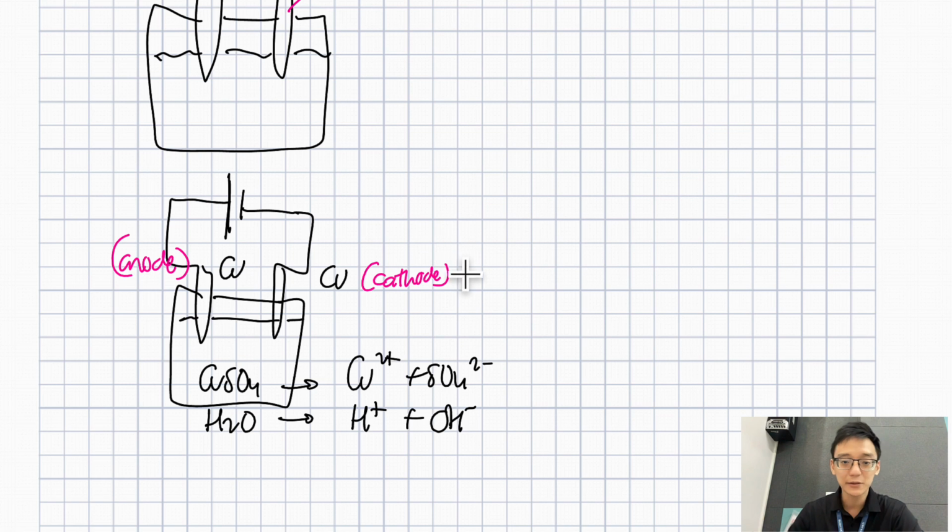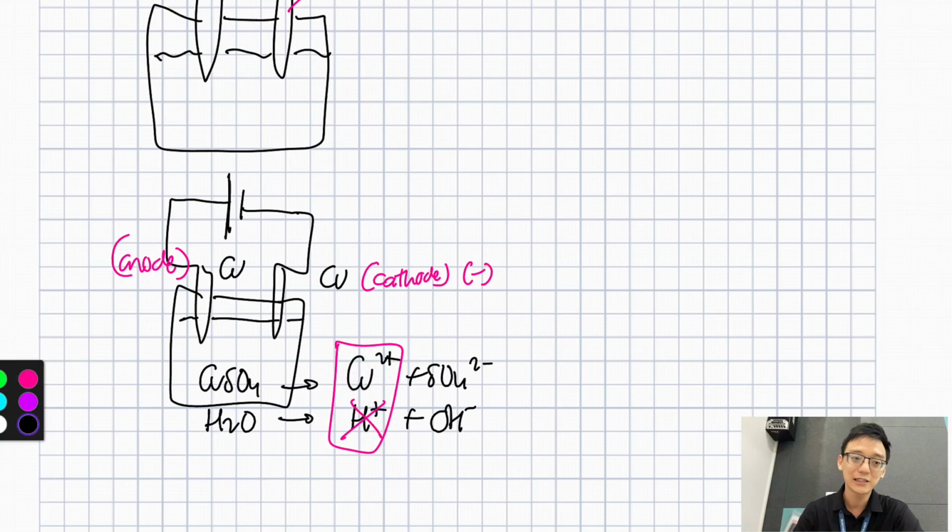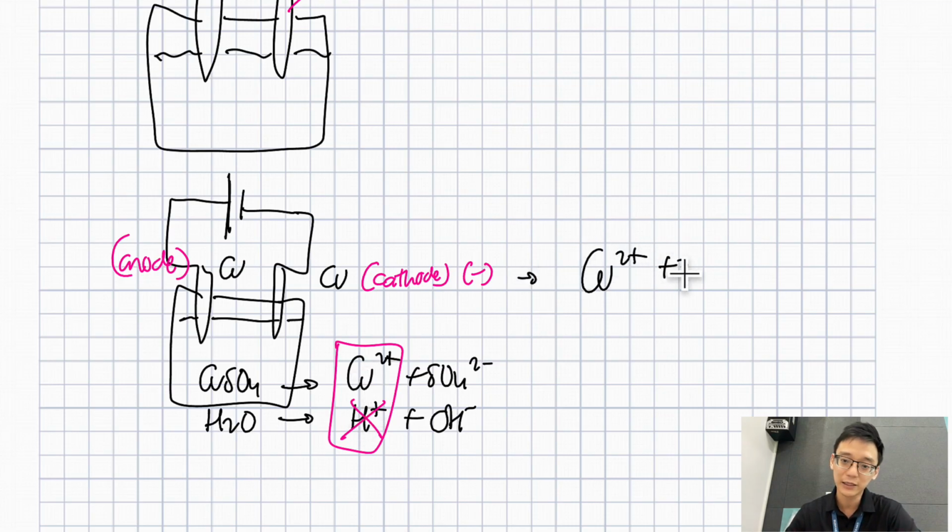At the cathode, because this is negative, it will attract one of the positive ions. If we check from the list, copper actually beats hydrogen, because copper is one of those easily reducible metals, very easy to reduce compared to hydrogen. That's why at the cathode, copper will receive electrons, forming copper metal.